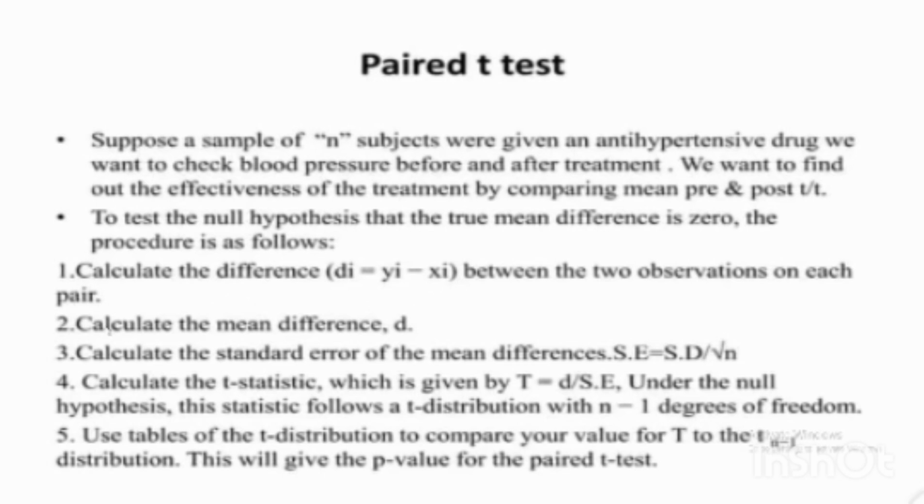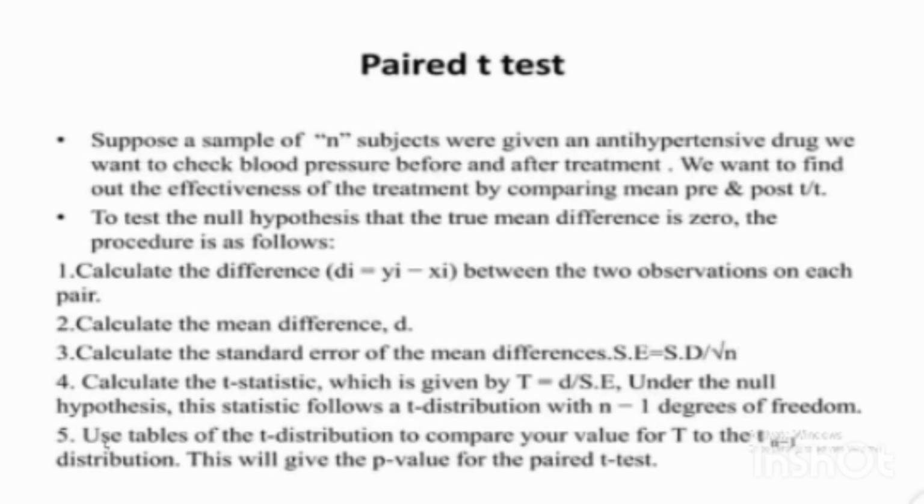Second step is calculate the mean difference. Third step is calculate the standard error of the mean difference, that is SE is equal to SD divided by root n. Fourth step is calculate the t statistic, and also calculate degrees of freedom.